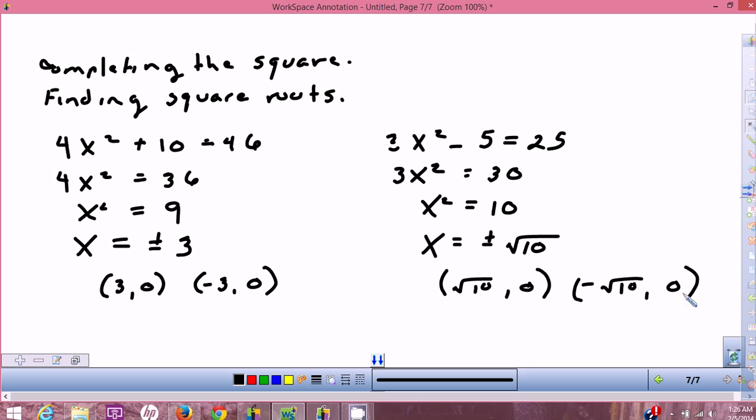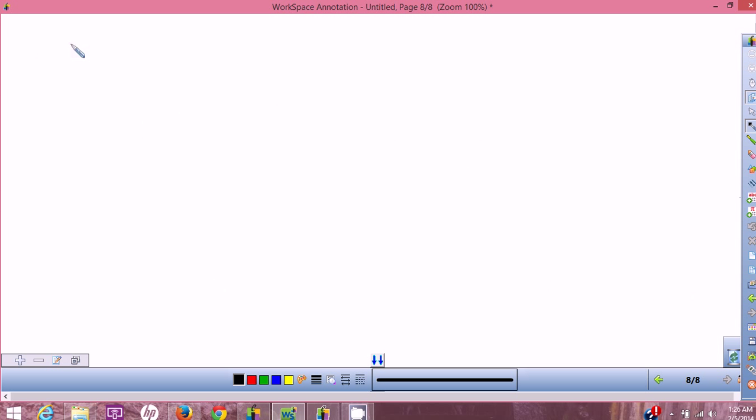Another type of problem that we can solve with square roots, that is just a little different from what we're going to solve when we actually use completing the square, is if our problem is what we call a perfect square trinomial.